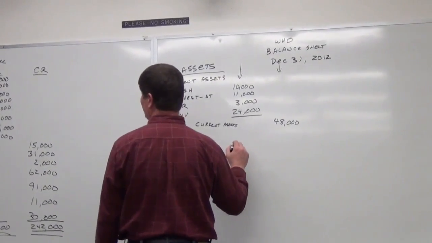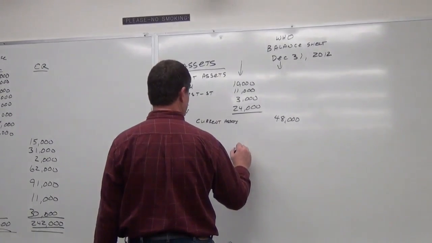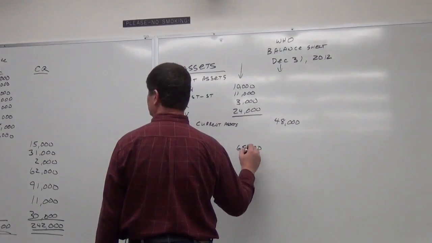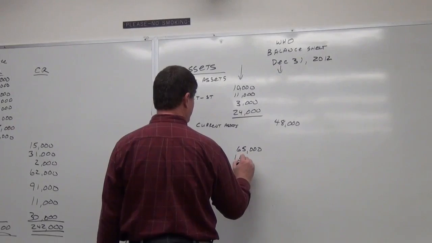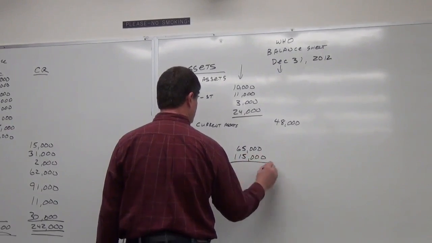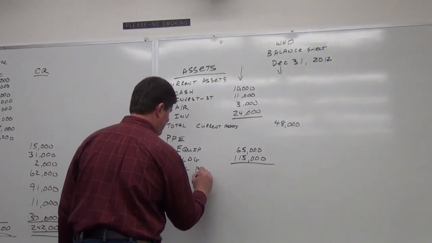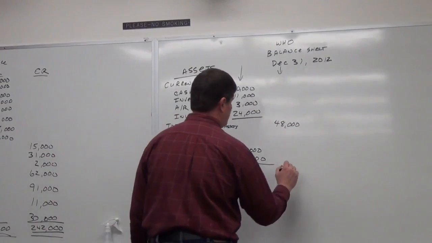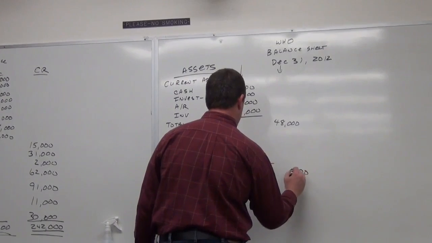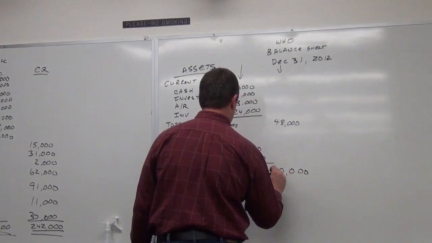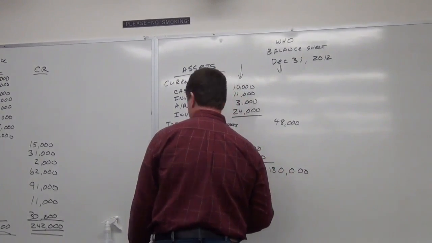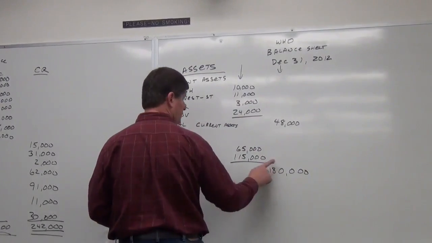Okay, how much equipment do we have? 65,000. Building, we have 115. Total property, plant, and equipment of 180, right? Everybody good with that?